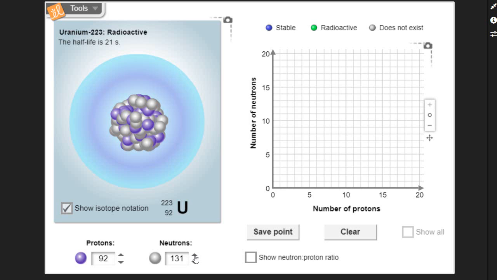So I start with 100. This one is 21 seconds. After 21 seconds, half of the uranium-223 will decay. In another 21 seconds, I would have 25%, half of 50.